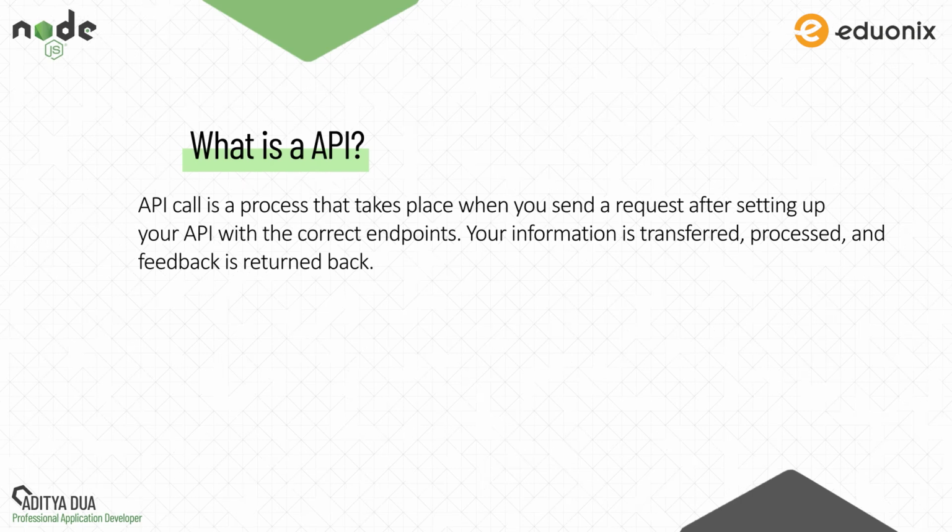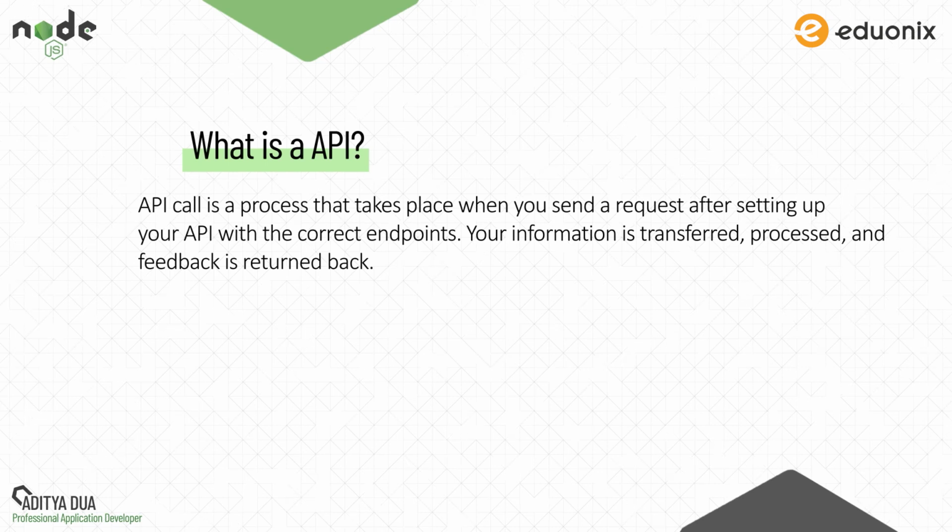Now see, an Android application is built in Java, iOS is built in Swift, and a mobile application is built in React. So now you have a process where you create APIs which actually take the request, and you use endpoints to transfer the data.